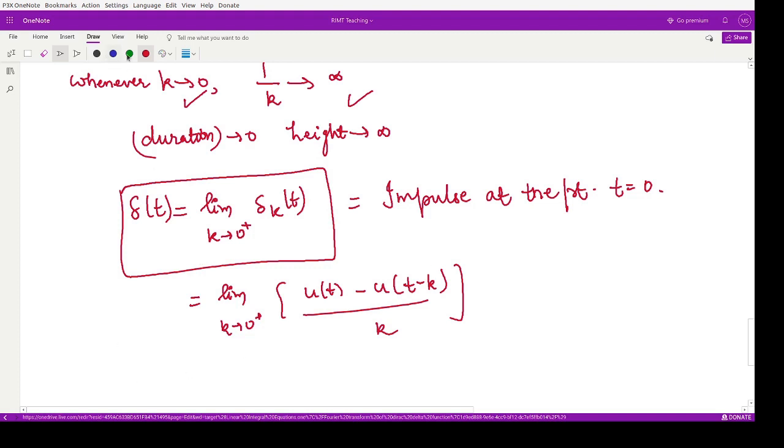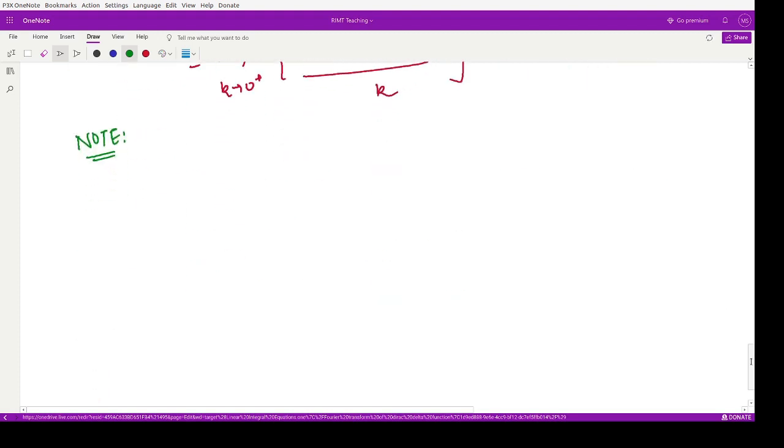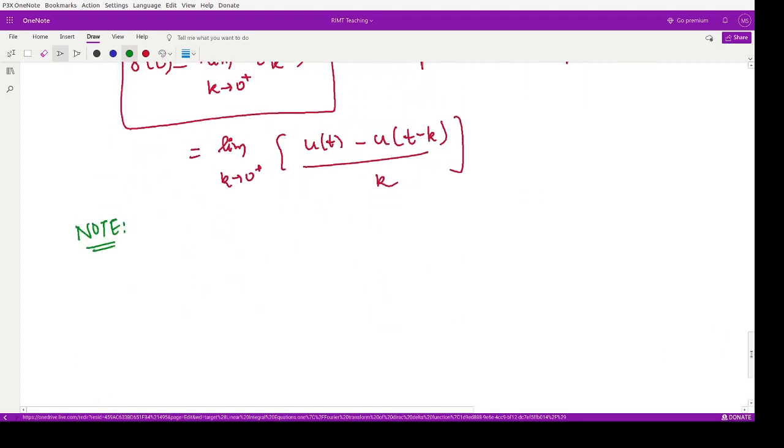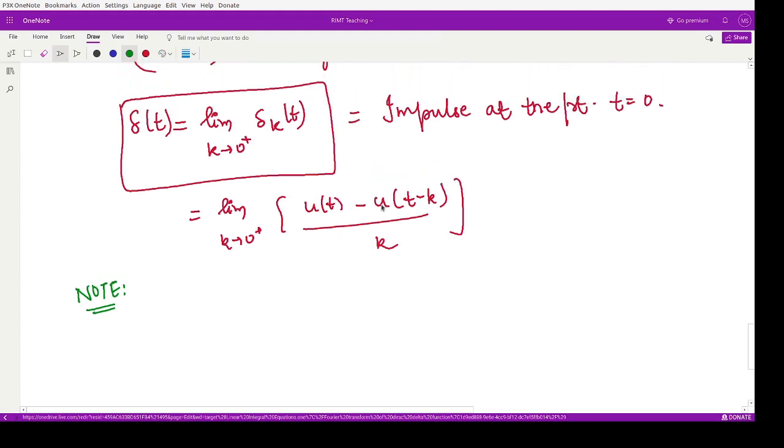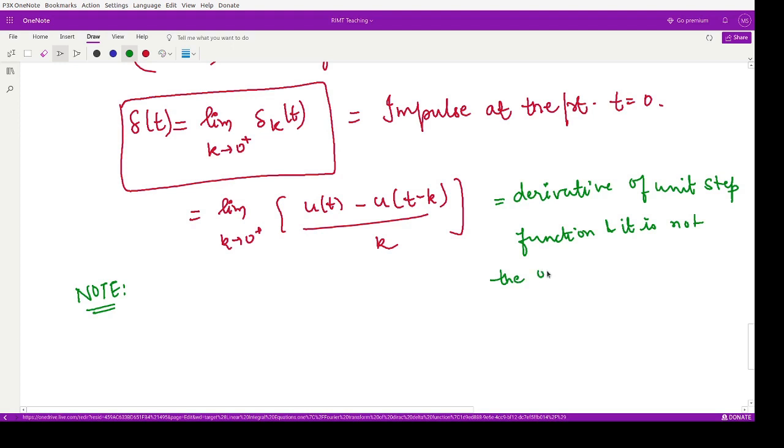So one thing that should be noted here is that this resembles the derivative of the unit step function, and it is not the ordinary derivative but the generalized derivative.